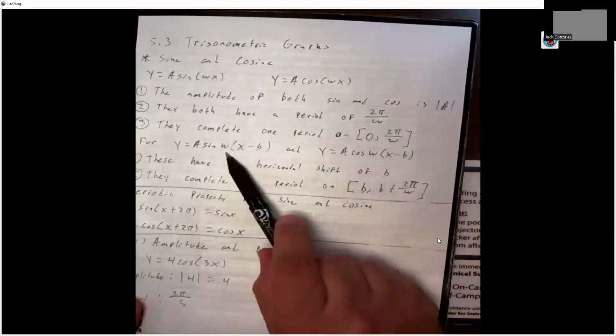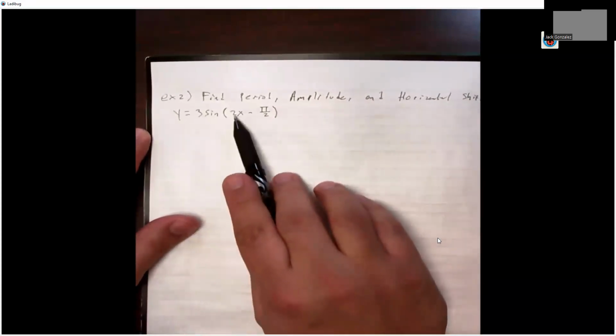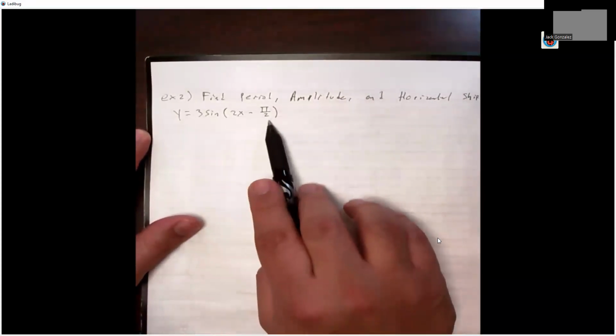Okay. Pi over 2. So if you look at the formula, notice how the omega is factored out of both of them. You're going to have to factor that 2 here. So if I factor 2 out of both of them, what happens to the pi over 2?